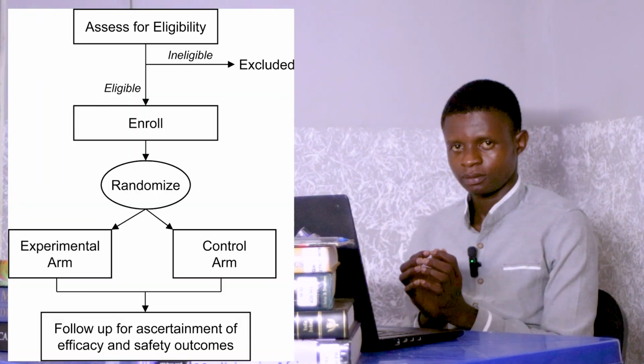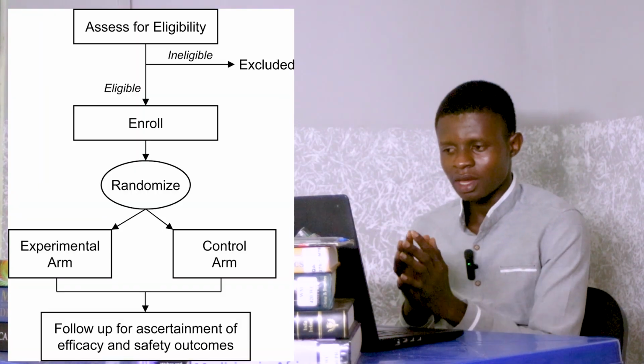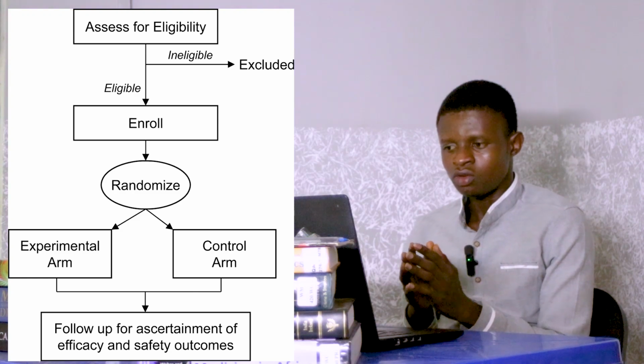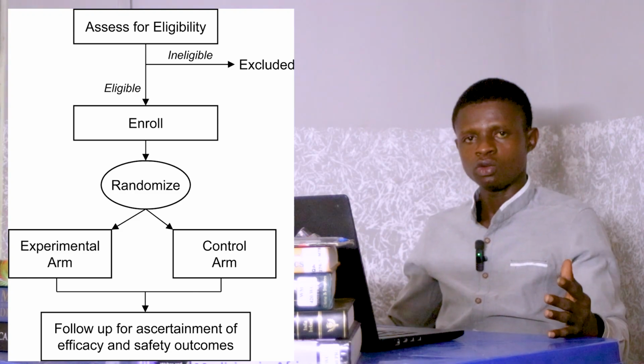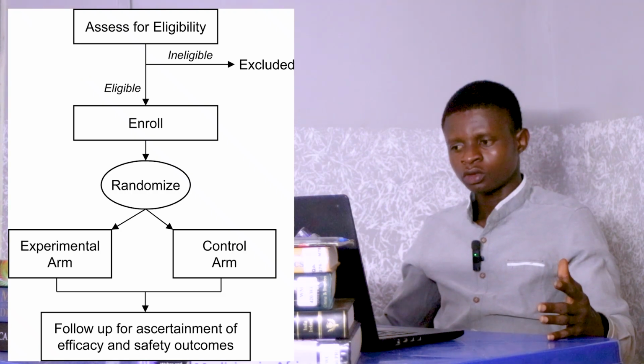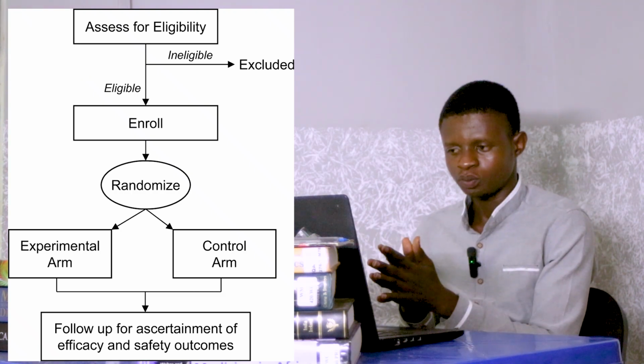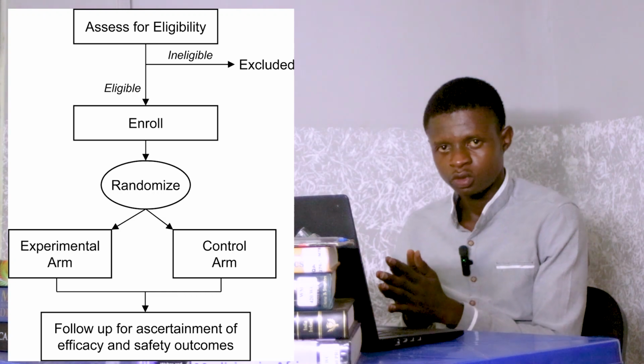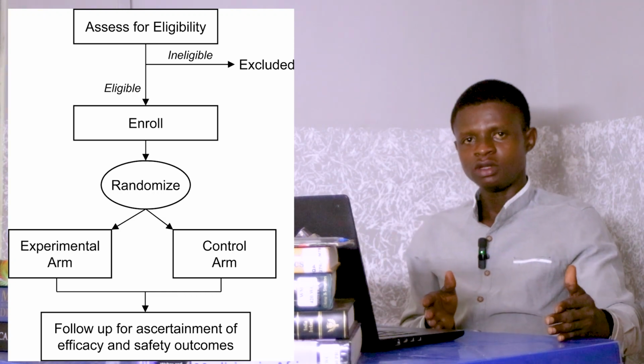So that is enrollment. So let's say you've enrolled 1,000 participants into your study. So with 1,000 participants, you then come to group them into 2 or more. So let's say here we are using two groups. So you want to group them into 500, 500. But you can't say you go here, you go here, you go here, go here.